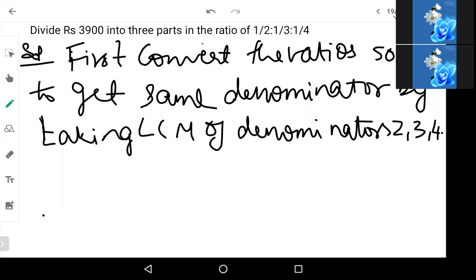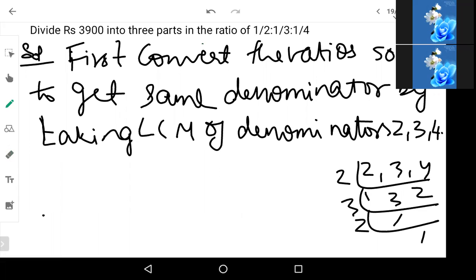Okay, so if you take the LCM of 2, 3, 4, what will be the denominator? Just find the LCM of 2, 3, 4. 2 ones are 2, 2 twos are 4, 3 ones are 3, 2 threes are 6, 6 twos are 12. Right?